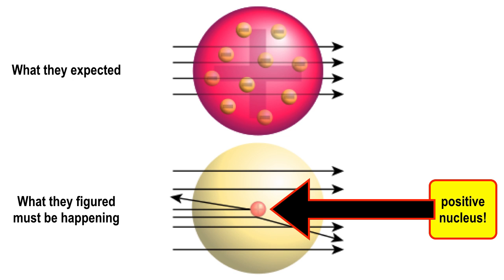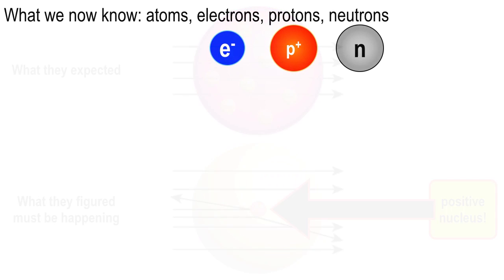Ernest Rutherford. And what we know now is that atoms are made primarily of electrons, protons, and neutrons, except for the main form of hydrogen, which is just a proton and an electron. It doesn't have any neutrons in it. Everything else has neutrons in it, in the nucleus.